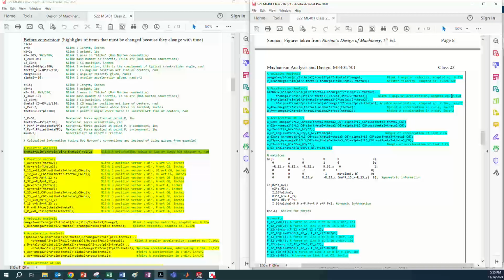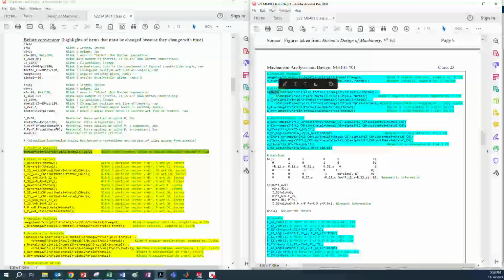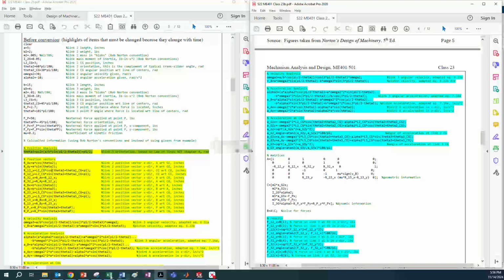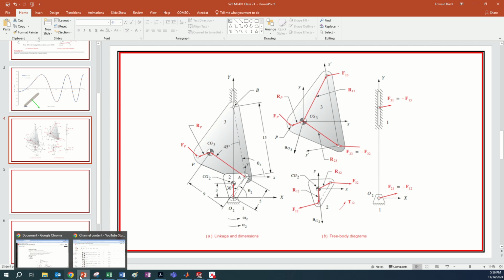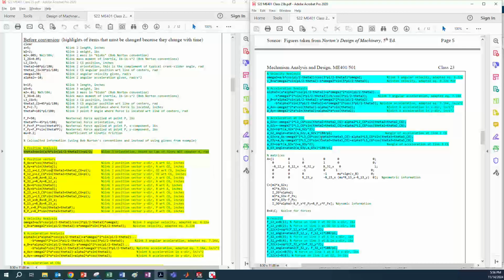That is equation 716d. We also want to find the accelerations at different points. So we have the angular acceleration, but we also want the acceleration at B, and also the acceleration at A. So that's what we do right here.